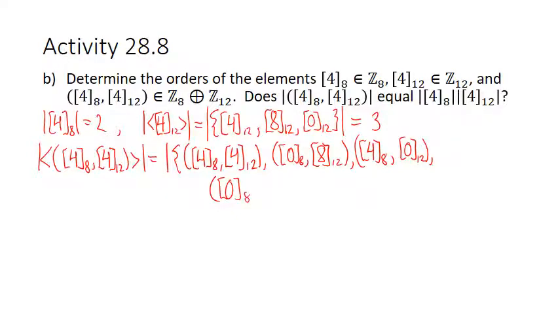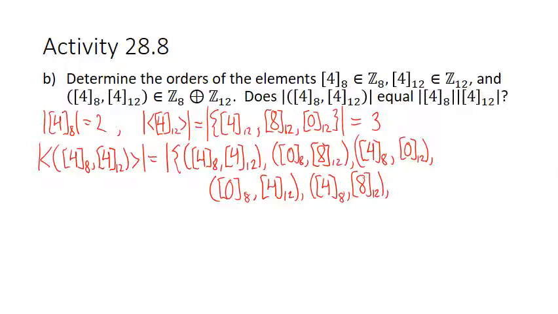And then 4 times 4 is 16, which is 4 in mod 12. Okay, and then 5 times 4 would be 20, which is 4 in mod 8. So the first part just keeps going back and forth between 4 and 0. And then 5 times 4 is 20, which is 8 in mod 12.